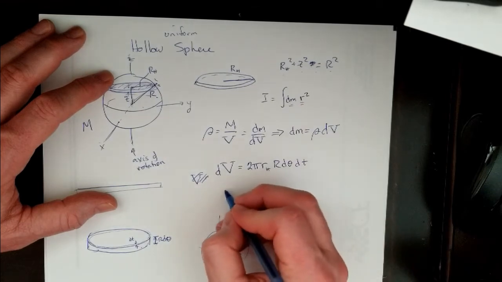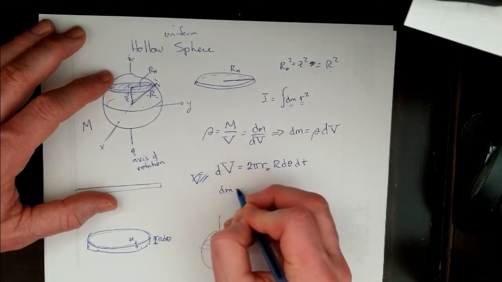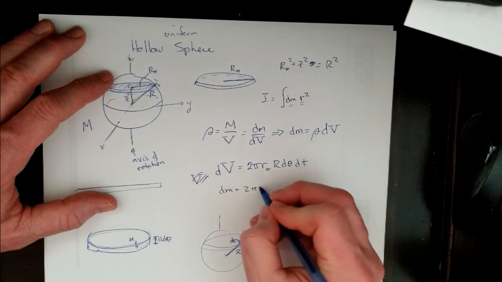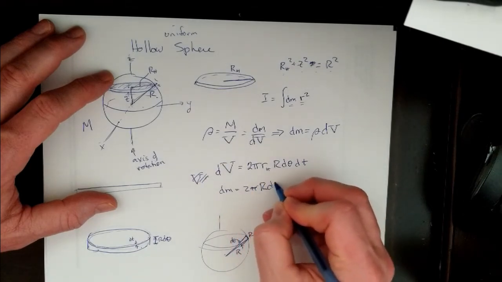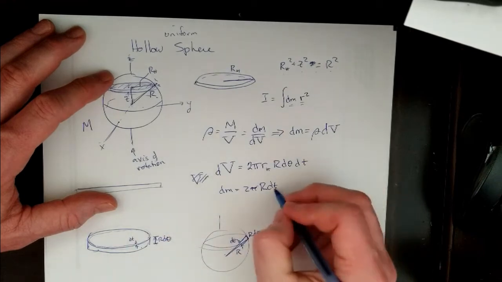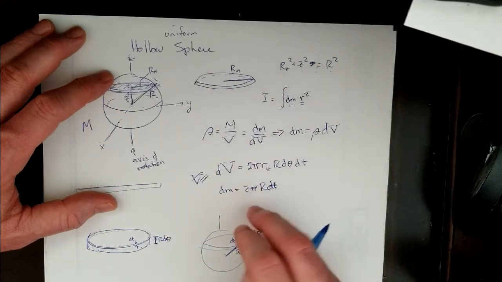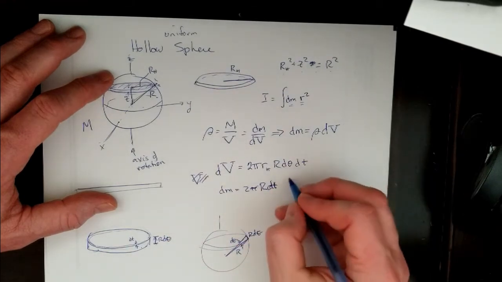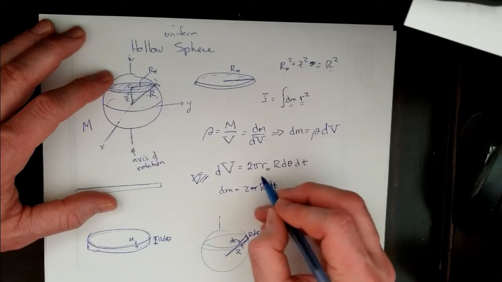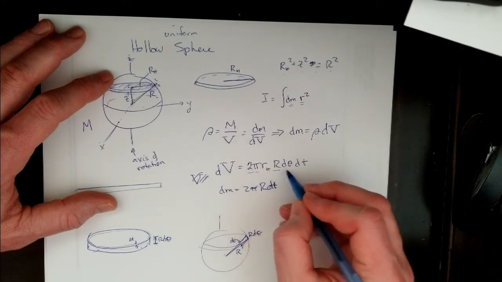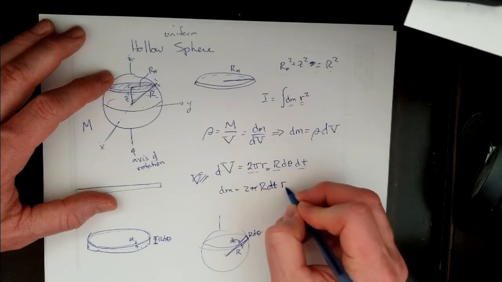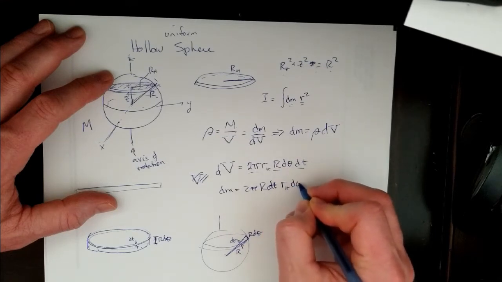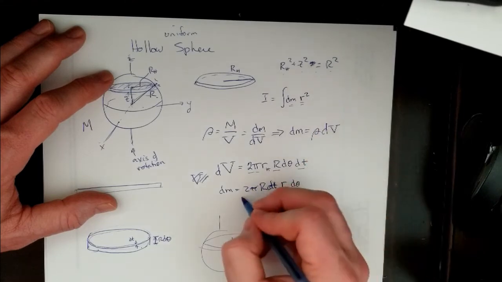And so therefore, dm is 2 pi R dt. It's a constant thickness throughout. So 2 pi big R dt, and then we have radius of hoop d theta times rho.